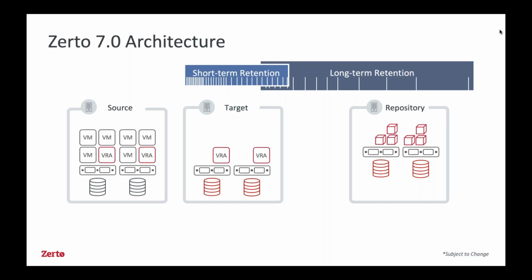Now, this journal is located on the target side, and all the replication is happening without any type of performance impact. So we now have a site that's only a few seconds behind its production site, and we know exactly what's on that site. We know the VMs, we know how they belong together by using the virtual protection groups, and we know exactly what changed over time by using that journal.